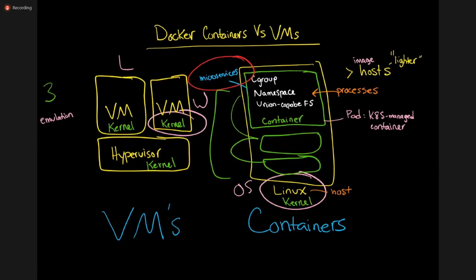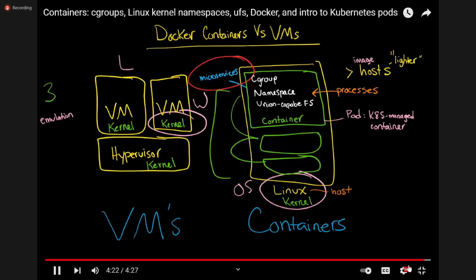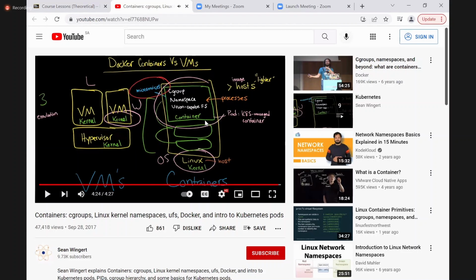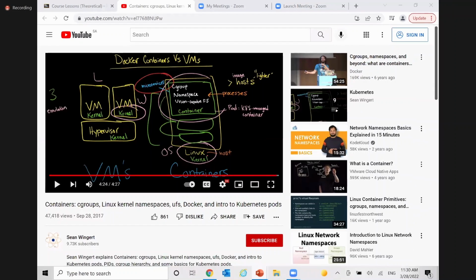Later, when we look at Kubernetes, you'll see that there's a concept called a pod. And having looked at this video, you'll know that a pod is actually a Kubernetes managed container with its C groups, its namespaces, and union-capable file system, and those are the features that are offered in the kernel or in the Linux system that supports those things.